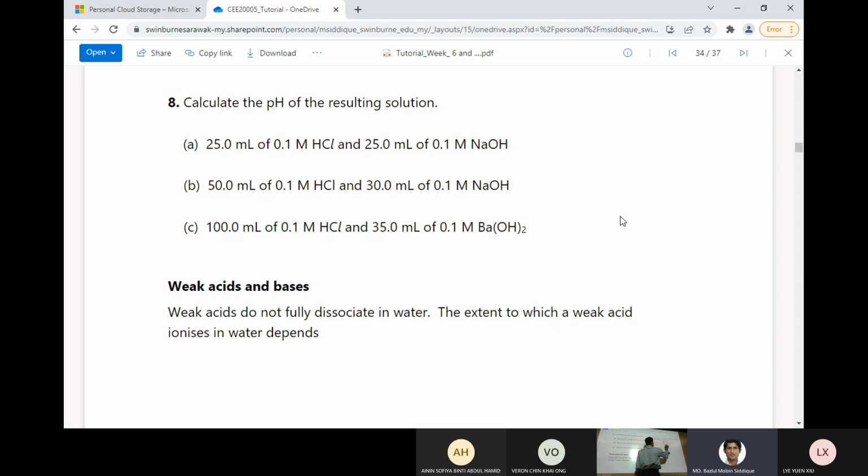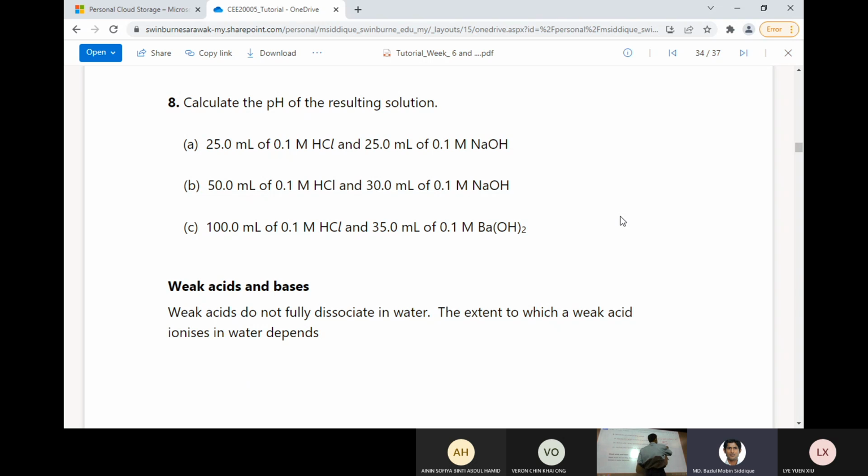This much will be reacted. 3 times 10 to the negative third moles will be reacted. And the rest, which is 2 times 10 to the negative third, is not reacting, because it doesn't have anything to react with.